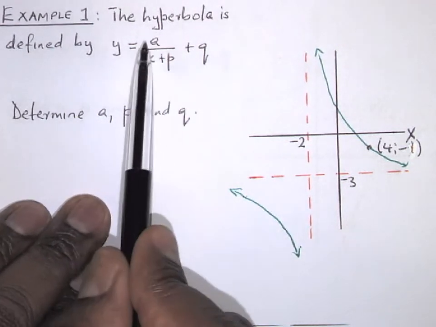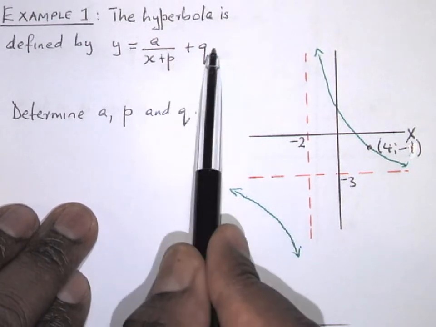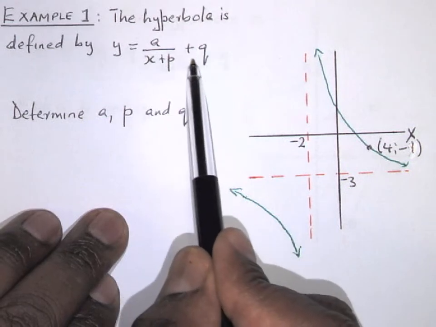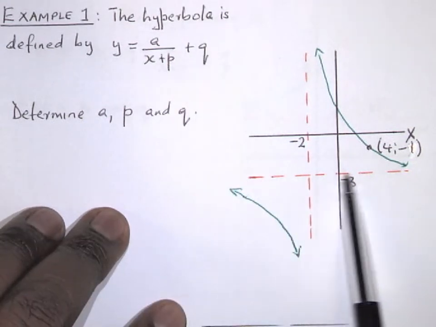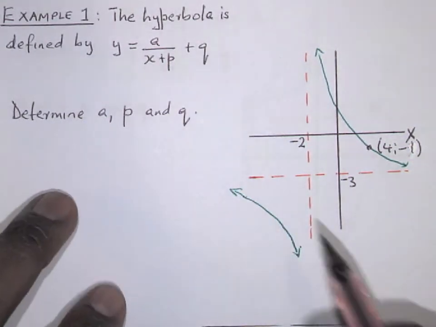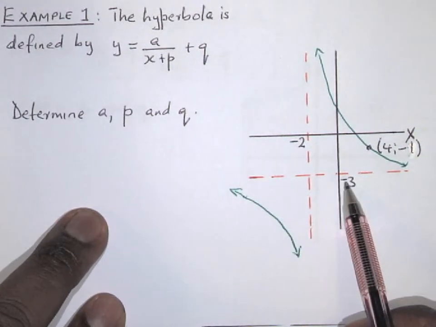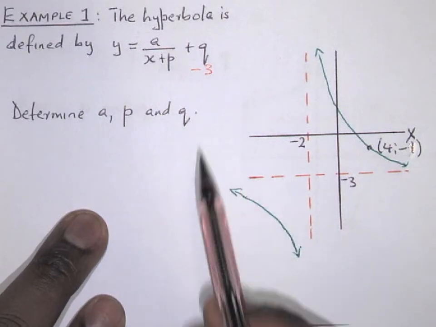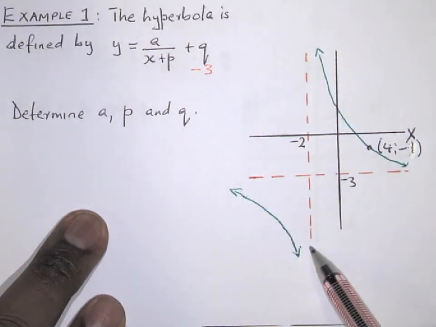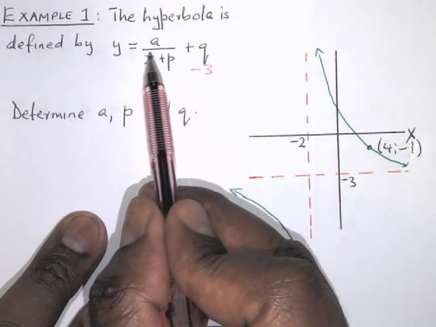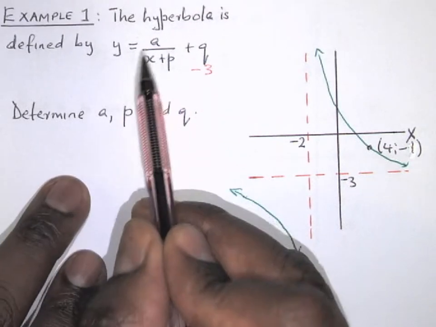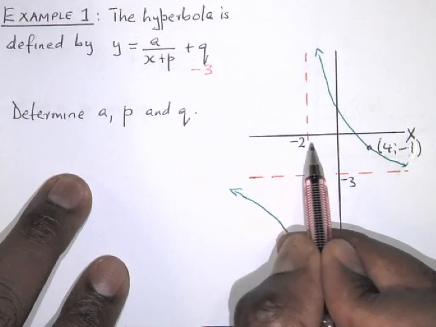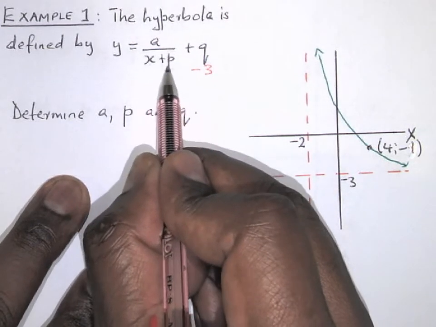So we need to find what is the value of a, what's the value of p, and what is the value of q. Recall that the q value is the horizontal asymptote, which means that q is just minus 3. Also recall, to find the equation of this line, we solved x plus p is equal to q, which means if this is minus 2, then that should have been a plus 2.